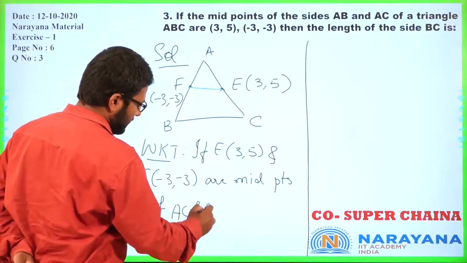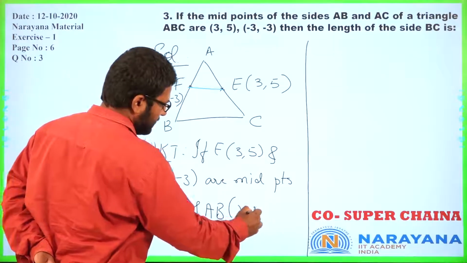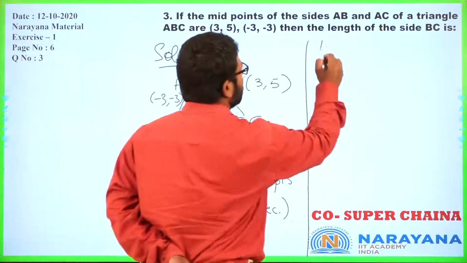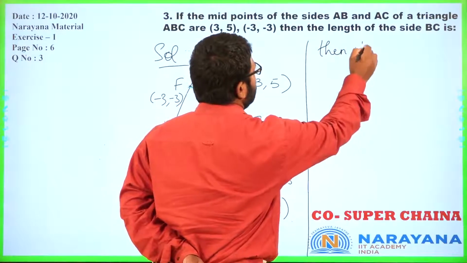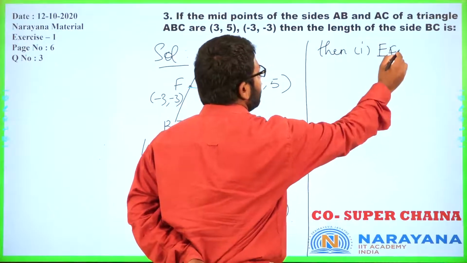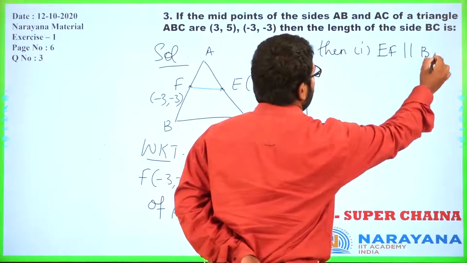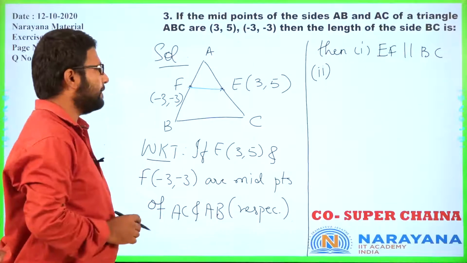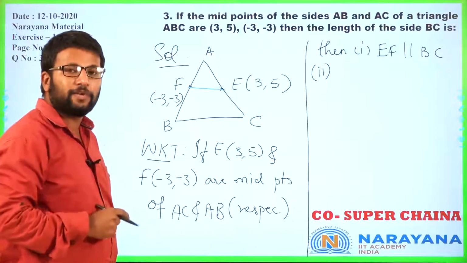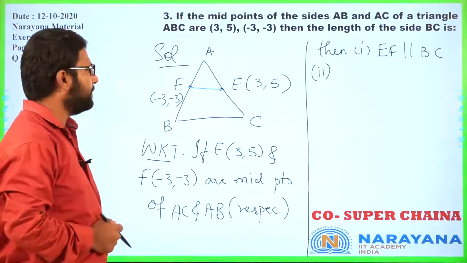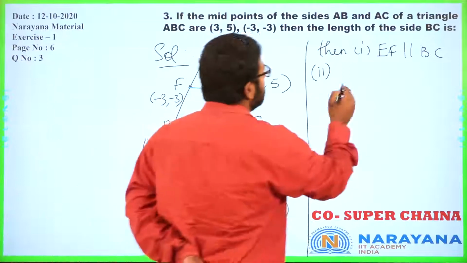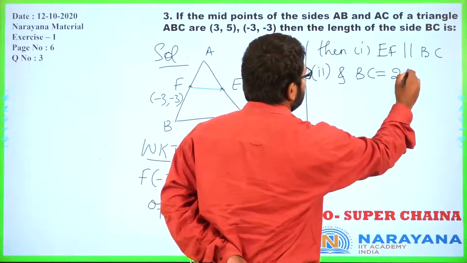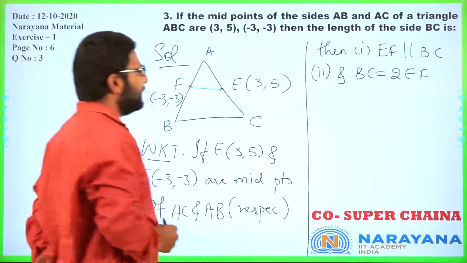AC and AB respectively, then first EF is parallel to BC, right? That comes from the line joining midpoints is always parallel to the third side, that theorem you have studied. And also BC will always be 2 times EF, correct?